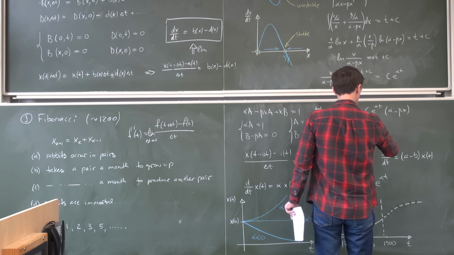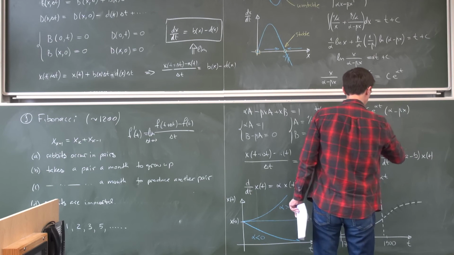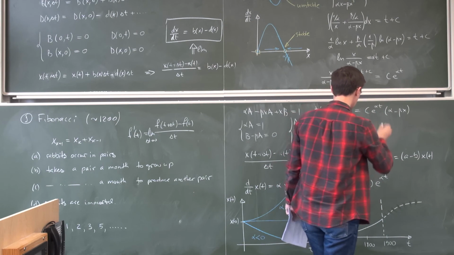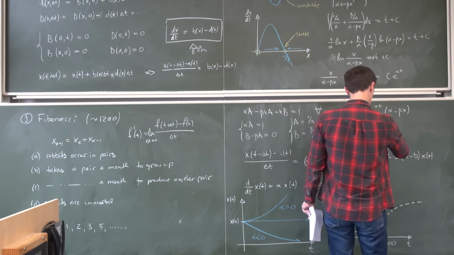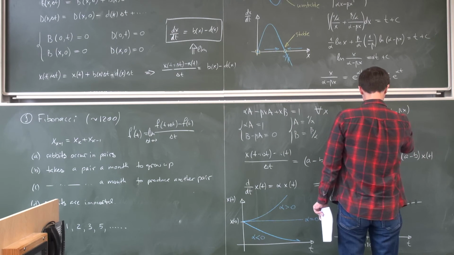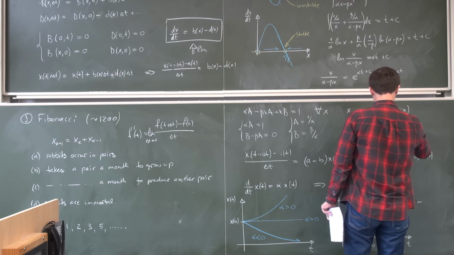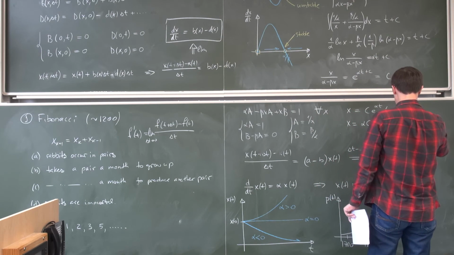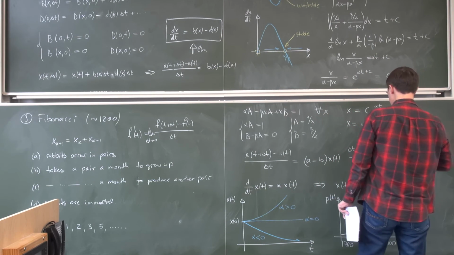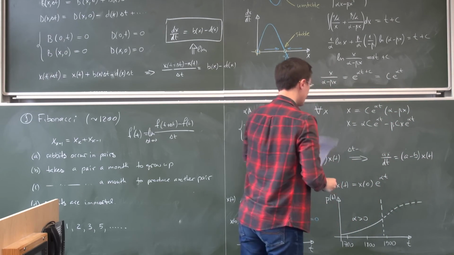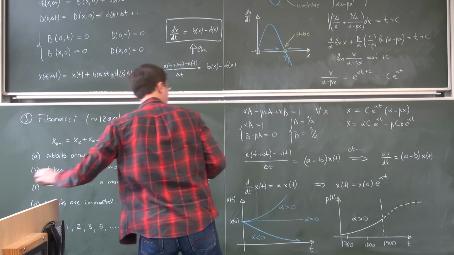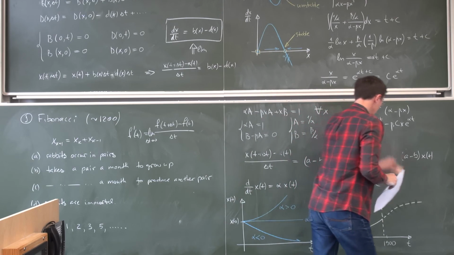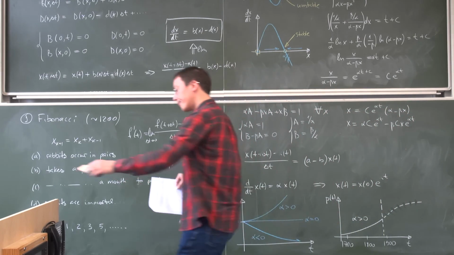So x is alpha c, again, I'll put it into a separate constant eventually, e^(alpha t) minus beta c x e^(alpha t). Move the x's over to the right hand side, divide things out.